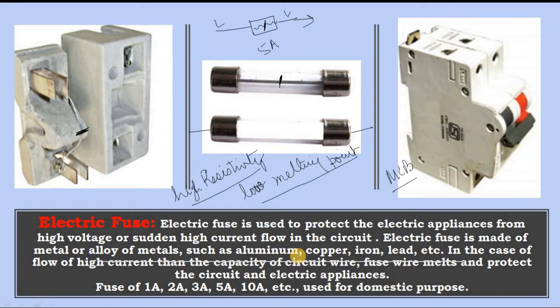The fuse wires we use are of different capacities, like 1 ampere, 2 ampere, 3 ampere, 5 ampere, 10 ampere, or much more than that. Okay, 15 ampere also with your AC air conditioners. It may be of 20 amperes or 25 amperes. And when you go to your main where the meter is fitted, there must be a fuse.